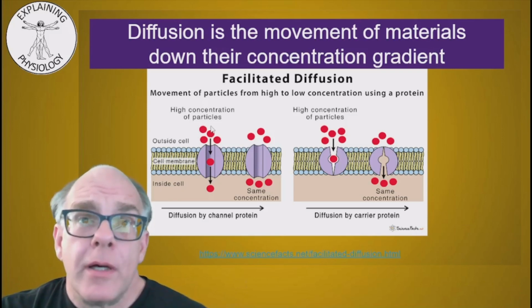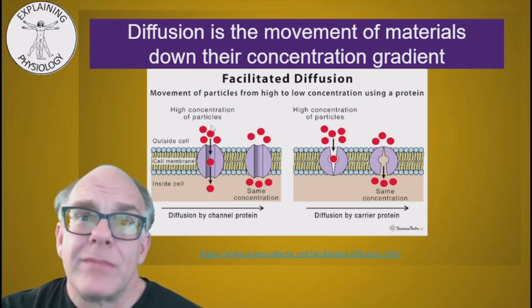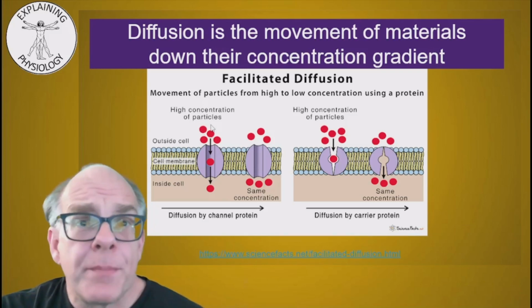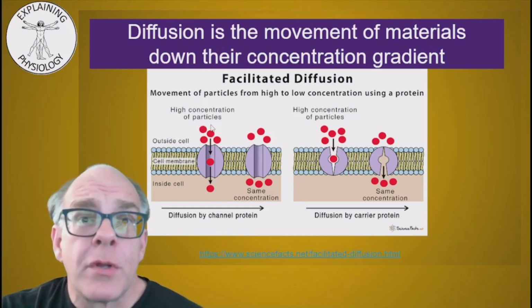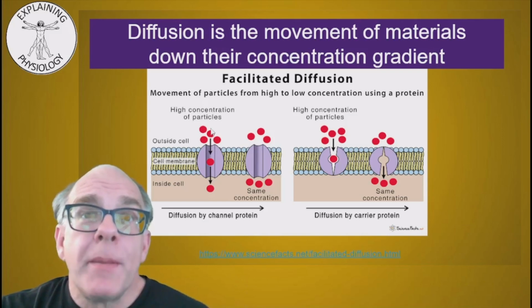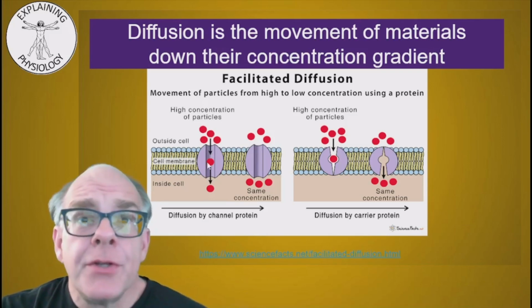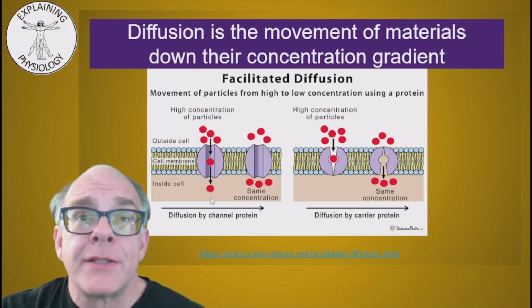And so these red dots over here are going to be things that have maybe ions, they may be charged molecules, they're going to be examples of polar molecules that can't move through the membrane on their own, but they're going to be able to pass through this hydrophilic pore. As a process of diffusion, they're going to be moving from their area of high concentration to their area of low concentration.